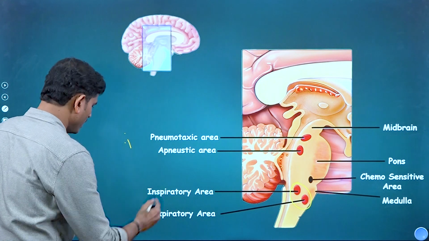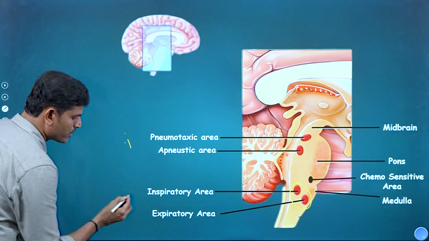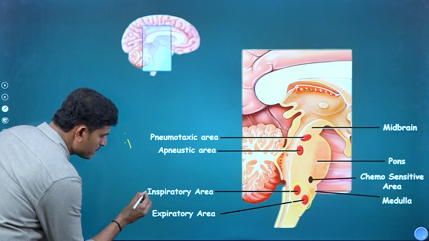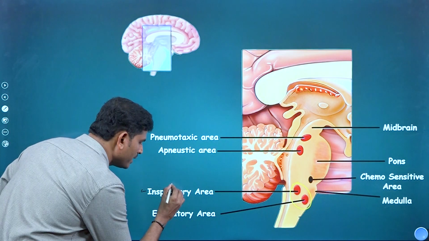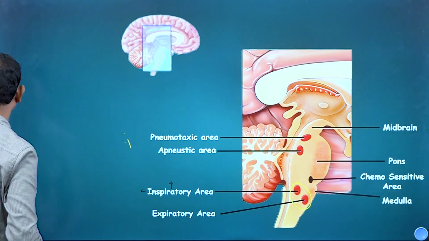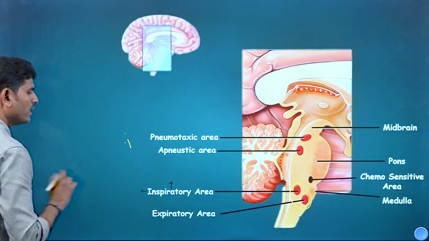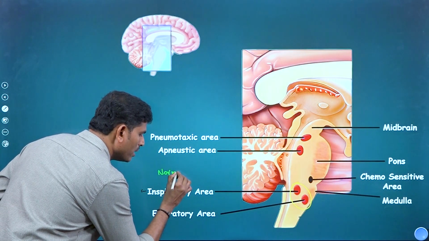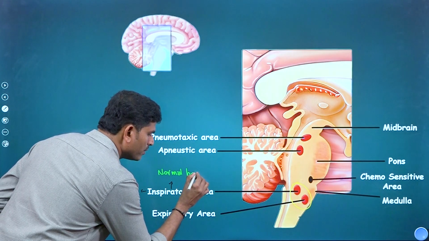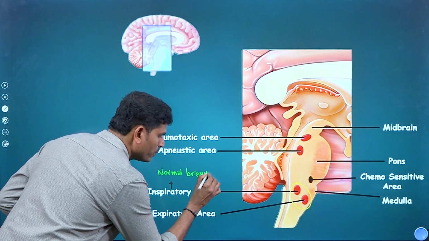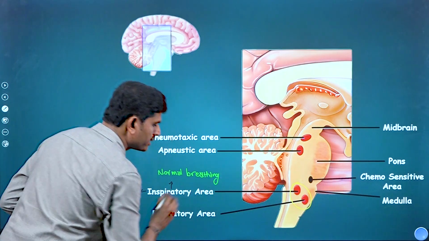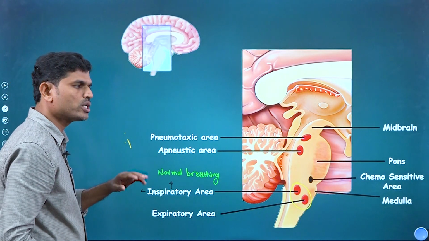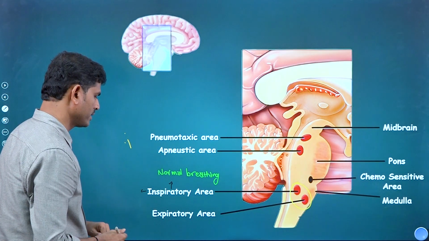So here, inspiratory area जो है ना, this inspiratory area regulates the normal respiration or normal breathing. Normal breathing को ये regulate करते. Means normal inhalation, normal exhalation को regulate करते.